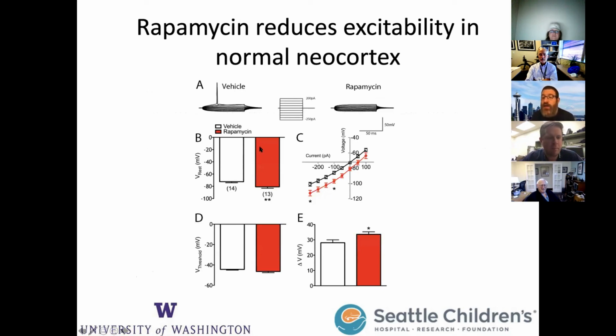You actually lower their resting membrane potential with the application of rapamycin. Not only do you lower the resting membrane potential, but it actually changes the way these cells have voltage changes when you give them current. It makes them less excitable, essentially. And it changes the amount of voltage that they need to fire an action potential. So it just slows these neurons down when you inhibit mTOR.